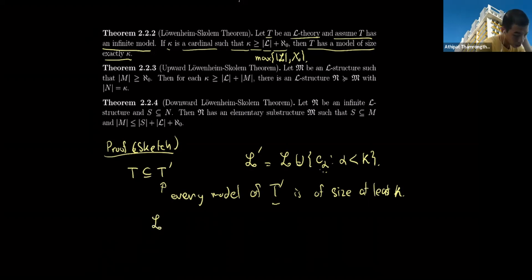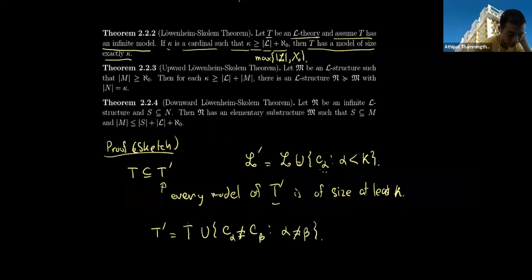So here we're going to add the sentences. This theory T' is going to be equal to T union with c_alpha is not equal to c_beta for alpha that is not equal to beta.